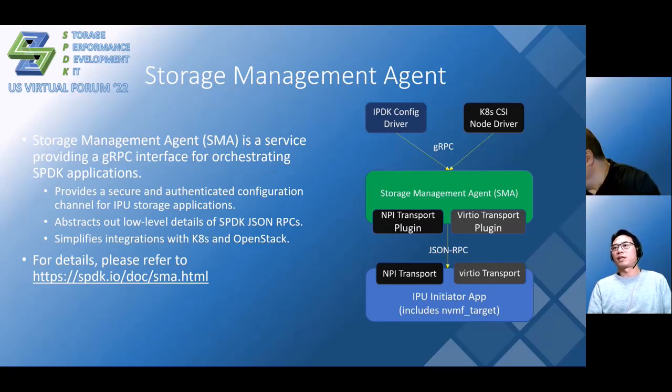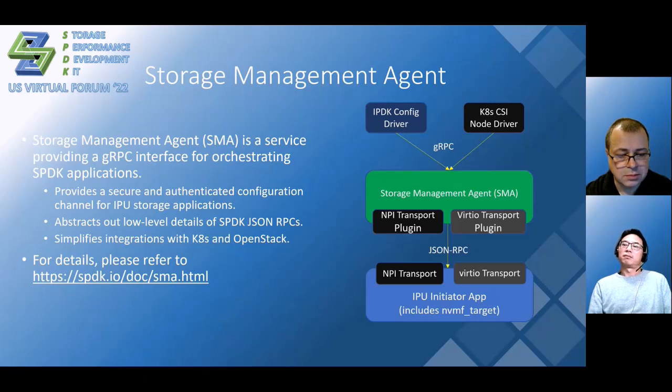The picture is a very highly simplified view. What it's trying to show is that SMA is designed as a plug-in model, so you can support different IPU and DPU solutions. In our example, we have the NVMe interface and API transport. We just need to add the API transport plugin to enable IPU-specific configurations.